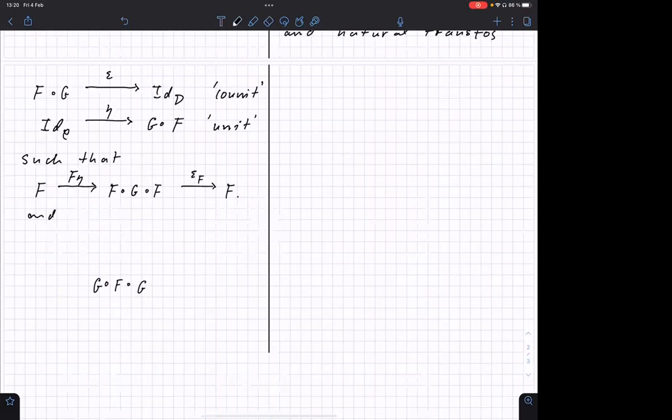And similarly, if I do a similar thing here with the triple composite, I can apply G to the co-unit, or I could apply the unit to G.